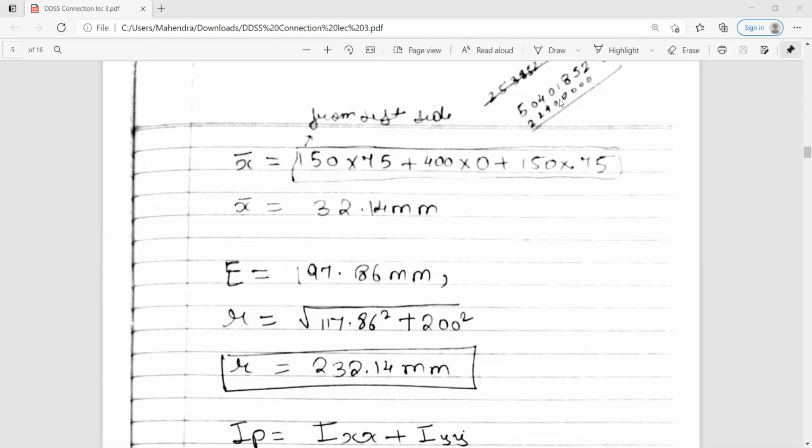Okay, the same value you had got, Anis, 32.14. कितनी मिली है value?